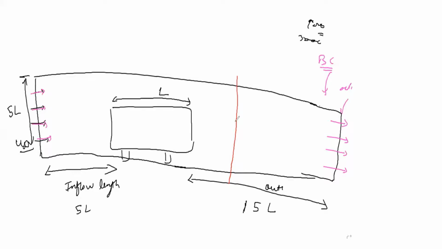Now, if I'm not keeping the outlet boundary far away, the point one of you mentioned about reversal flow is what matters. There is a reversal flow like this, and if this reversal flow has not died down, it will happen like this. So from the outlet there is a reversal, which contradicts your boundary condition. Now the flow has started to enter the domain like this because of the reversal flow, correct?